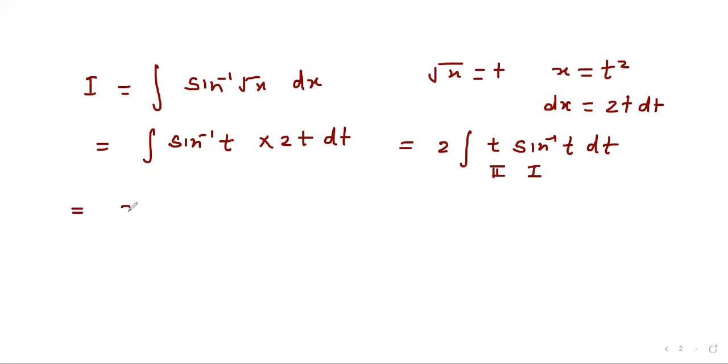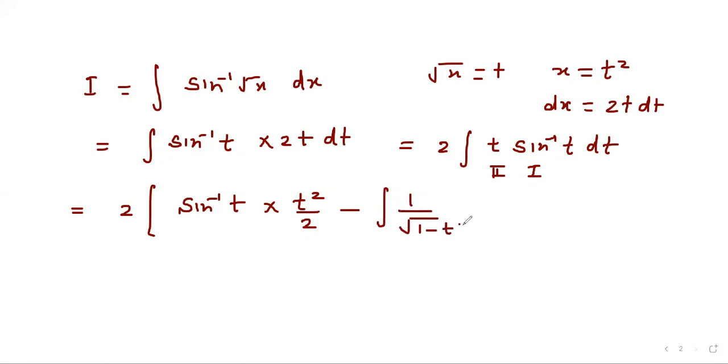So it will become twice of sine inverse t times, when we integrate t, it will give t square upon 2, minus integration. Differentiation of sine inverse t will become 1 upon root of 1 minus t square times integration of t, which will give t square upon 2, dt.